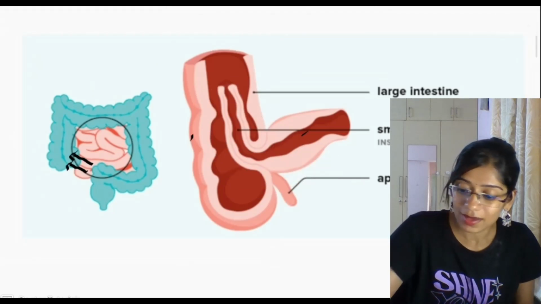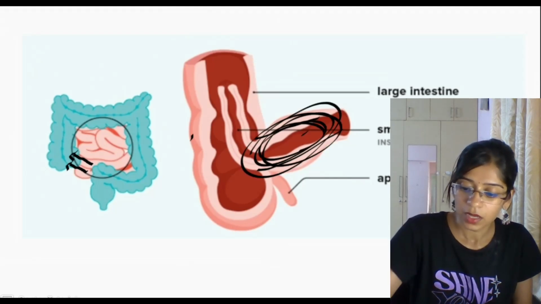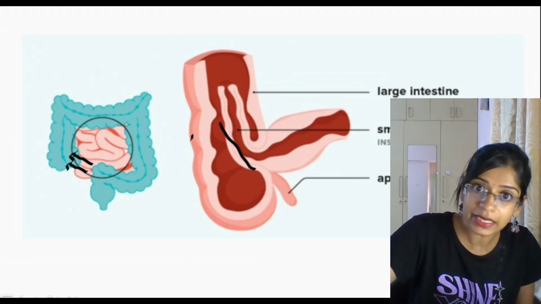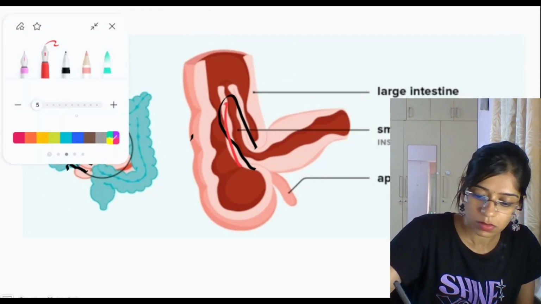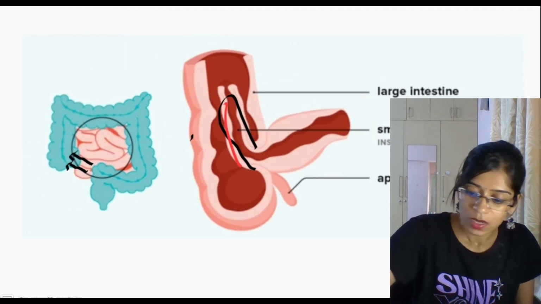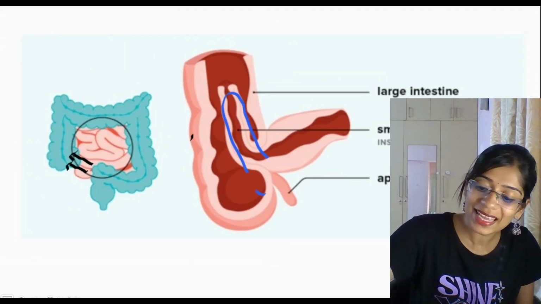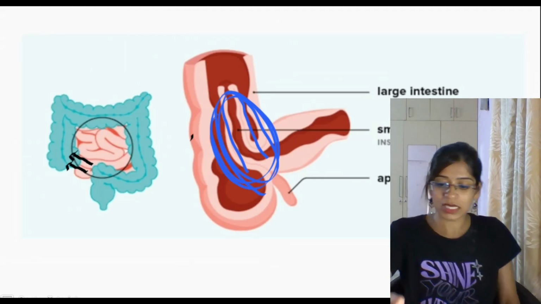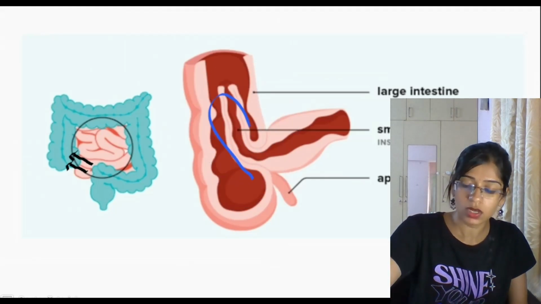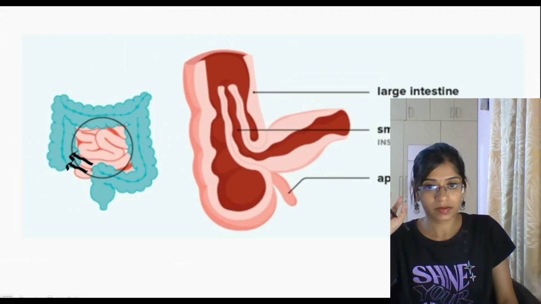This is the ileum. As you can see, a part of the ileum has moved inside the ascending colon, at the starting point of the ascending colon. So this is called intussusception.